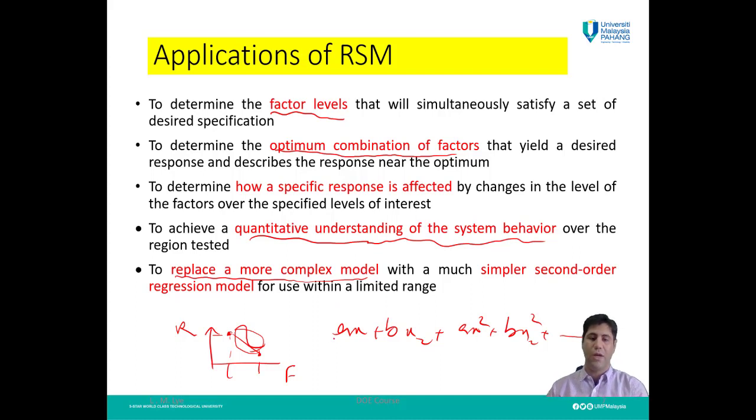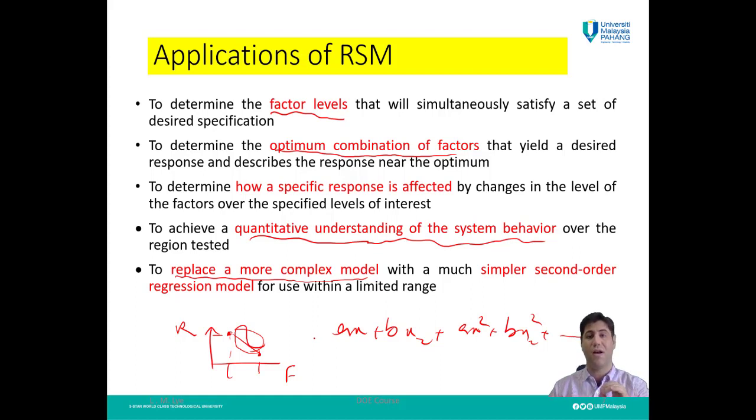So we also use RSM to find the models. In the process of optimization, we will also find the models. I am insisting on the model for RSM because the crucial part in RSM is developing those models. Optimization is only, I can say, 10% at the last step of the RSM.